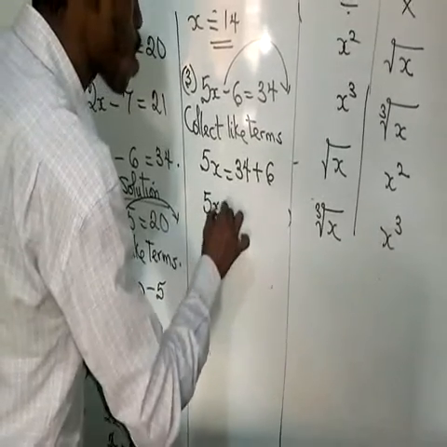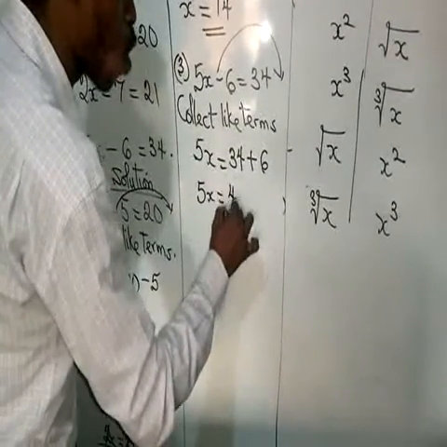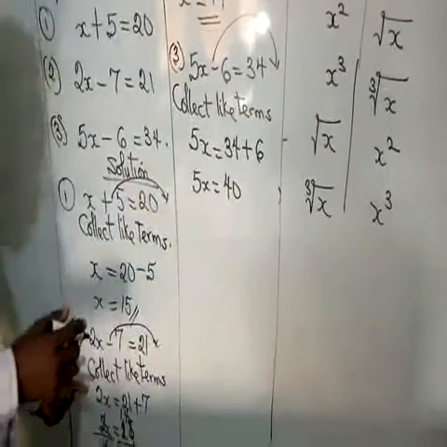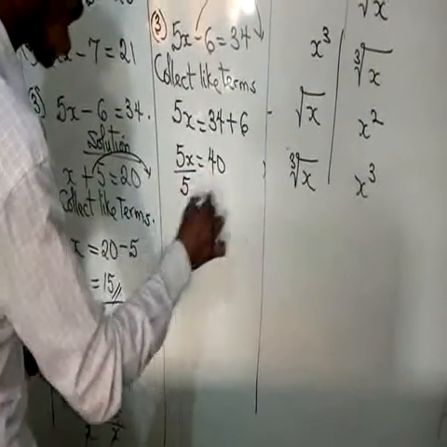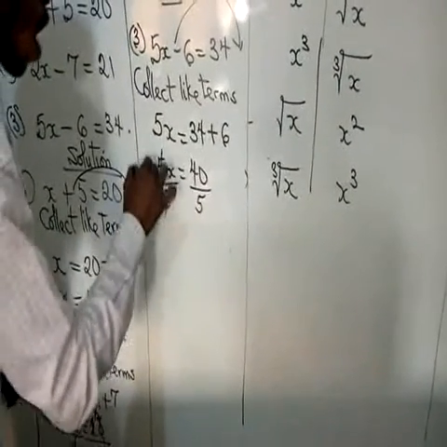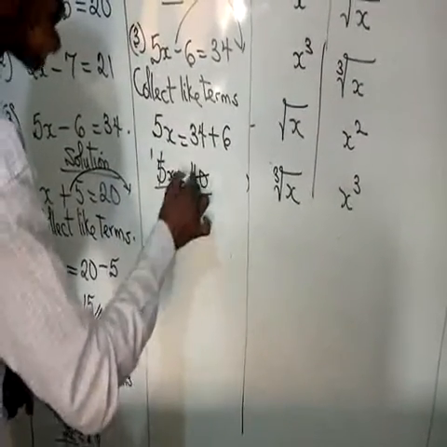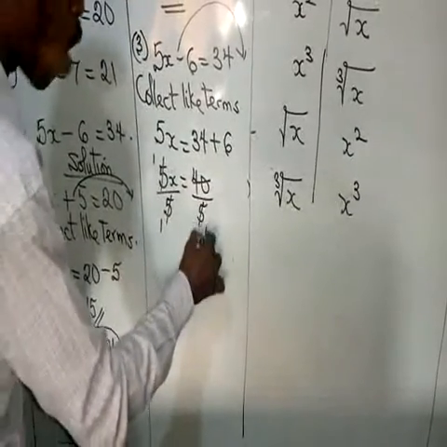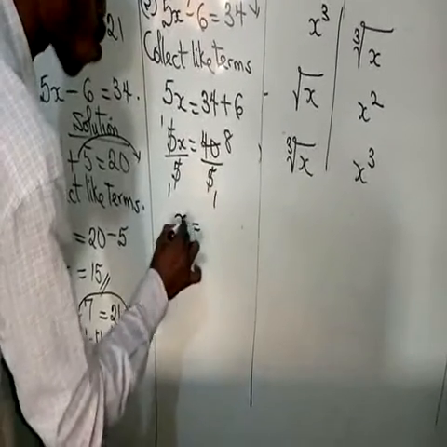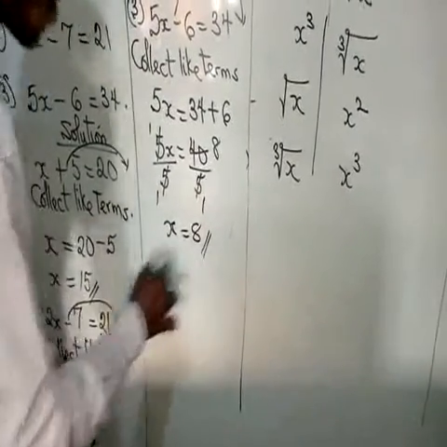So 5x is equal to, add them together, 40. Remember what I did in number 2. You divide both sides by what? 5. Now, 5 here gives 1, 5 here gives 1. 5 into 40 is 8. So my x is equal to 8. That's the final answer.